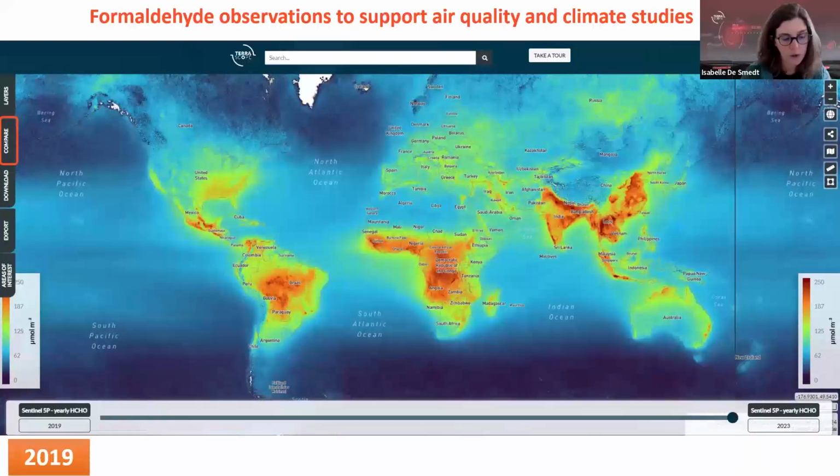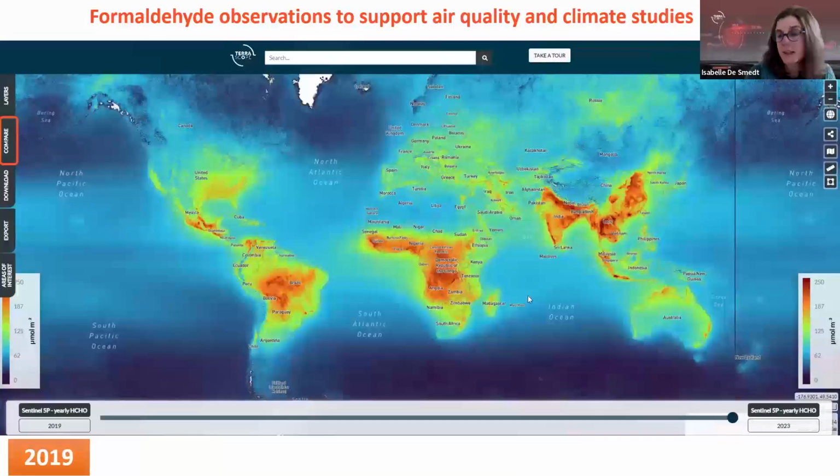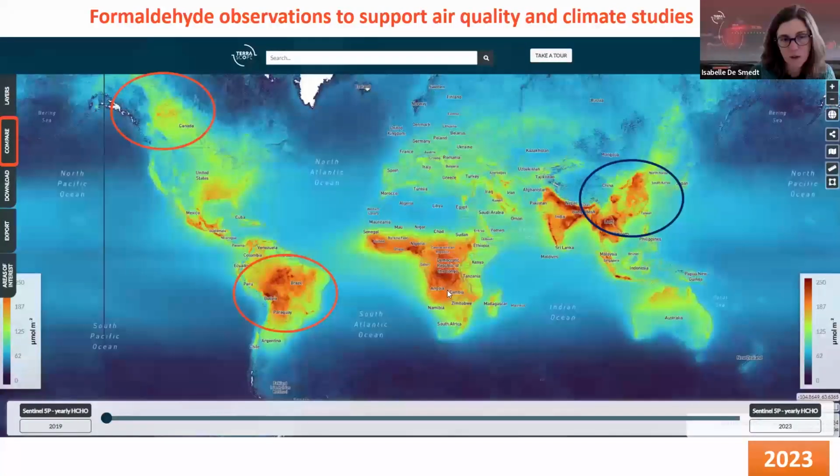So here I show a first comparison of the global map of formaldehyde in 2019. And using the compare tool of the viewer, we can switch between 2019 and 2023 and try to detect some change and differences.